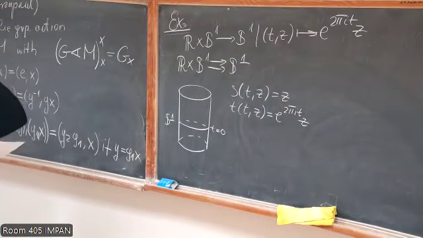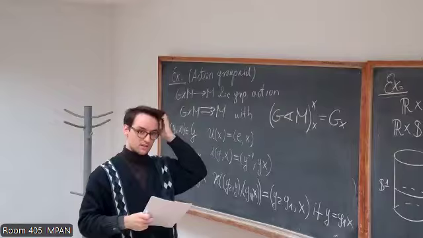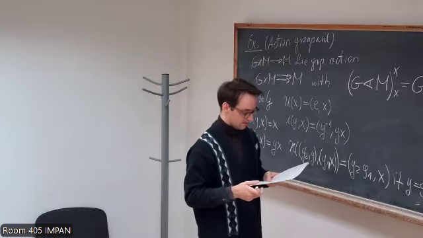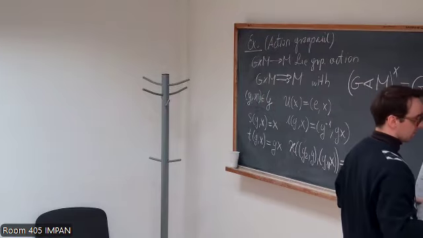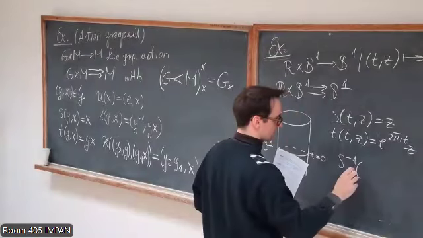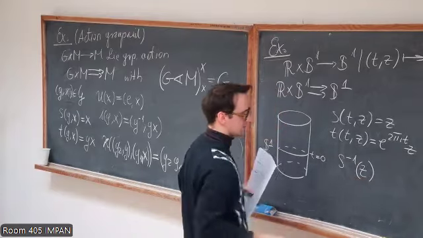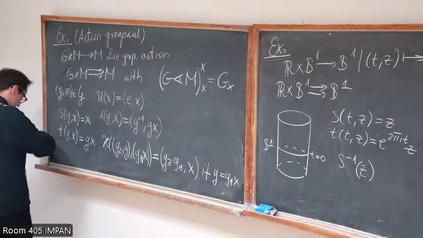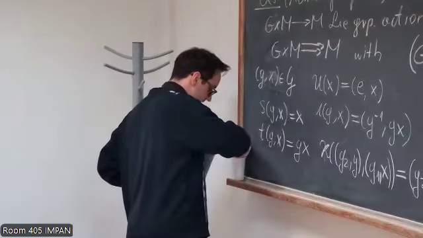Right, so let us see what are the S fibers and P fibers of this groupoid. So what are the S fibers for some C? So these are the colors.